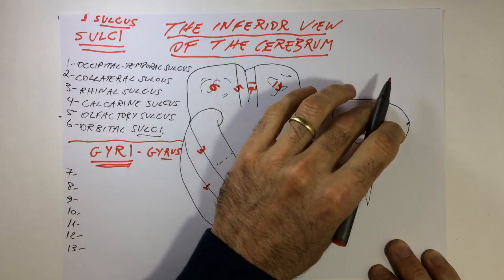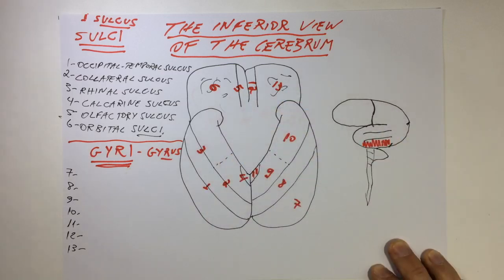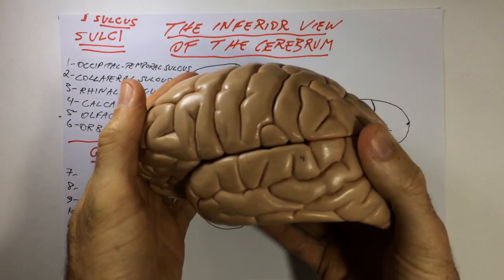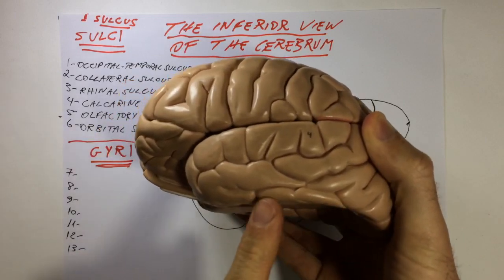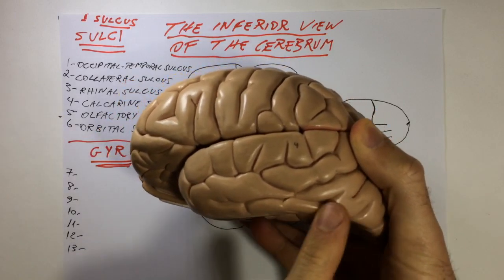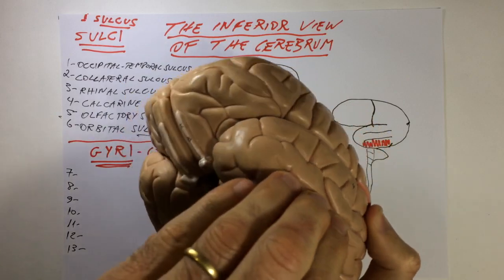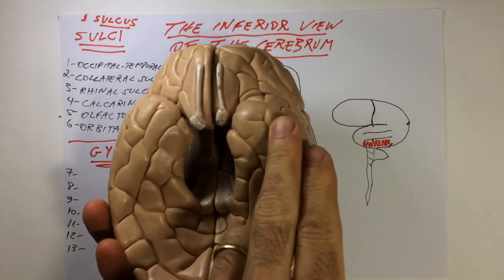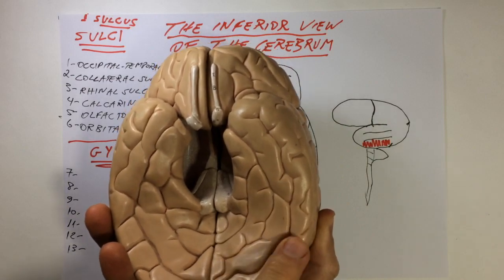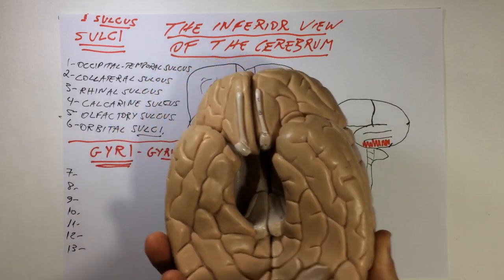So if you imagine this, let me just get the model here. I think it's easier to show it. So if we get, for example, down here, we have the inferior temporal gyrus. I'm going to just hold it and turn it around. And then you are going to see that it's the same gyrus that we have here.